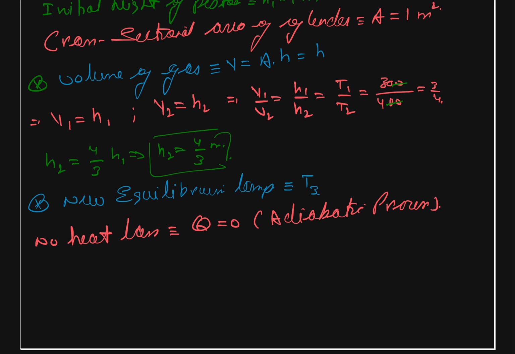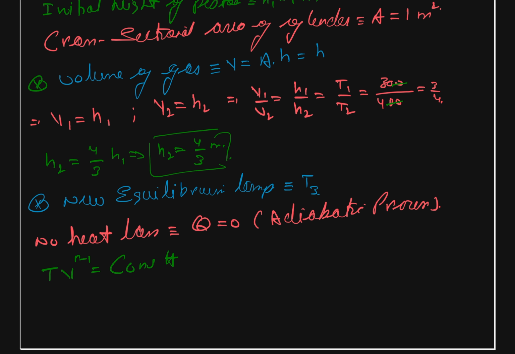And we know that for adiabatic process we have TV^(gamma minus 1) is equal to constant, and for adiabatic process our T2 will be now our initial temperature, because it is going to start from the first part. So T2 will be our initial temperature and T3 will be our final temperature.